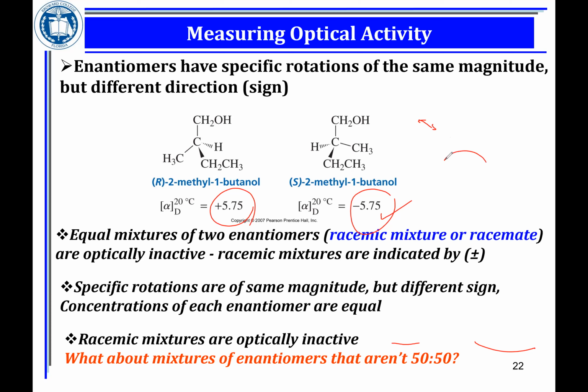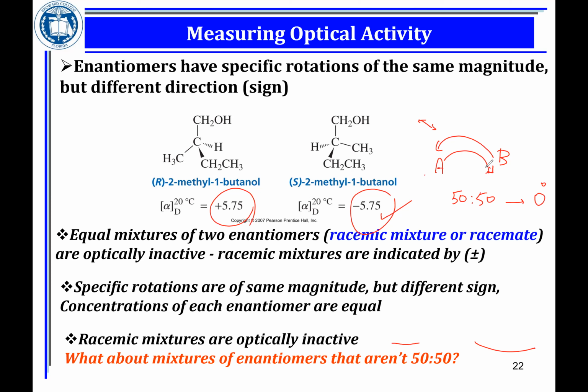So if one rotates the light clockwise and the other one rotates the light counterclockwise, and you have a mixture of the two, what's going to happen? If compound A is rotating the light clockwise and compound B, which is the mirror image of A, is rotating counterclockwise, and the mixture is exactly 50-50%, the net result of rotation is going to be 0 degree rotation.